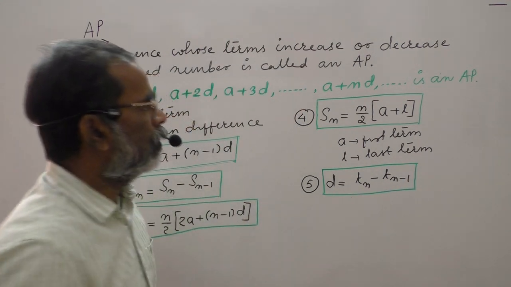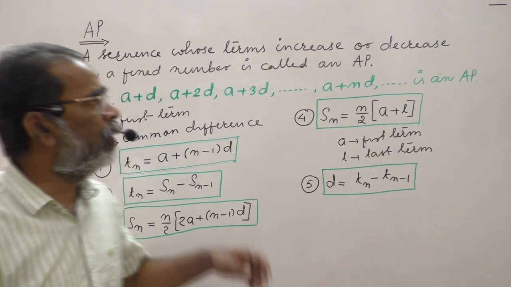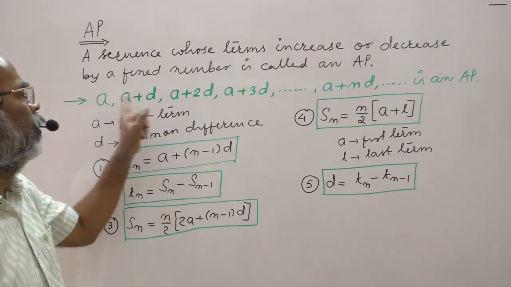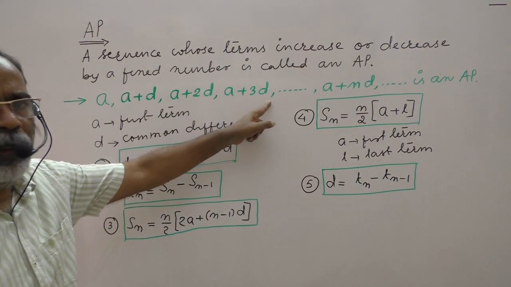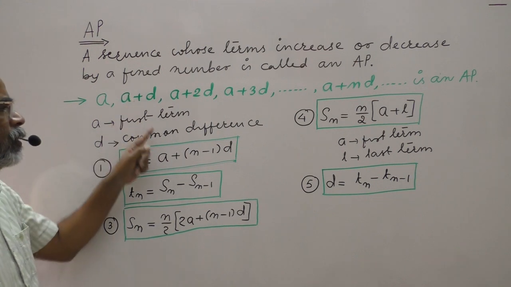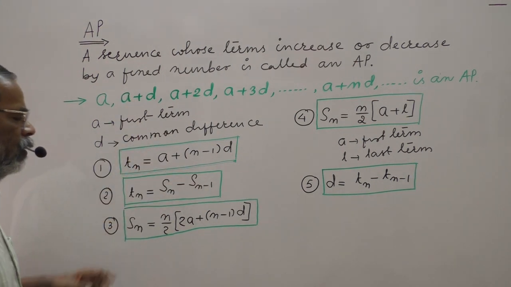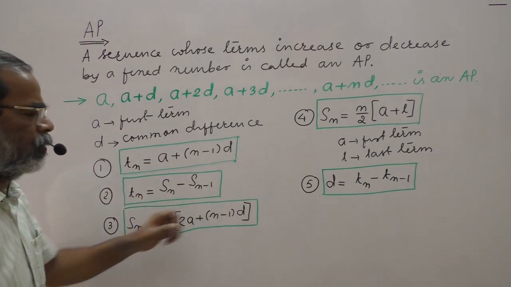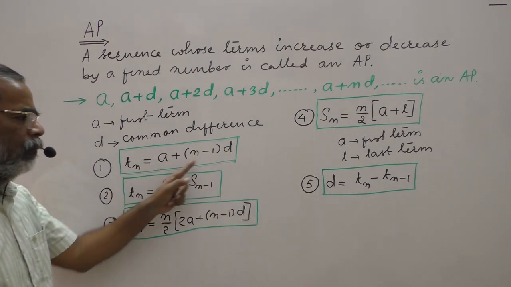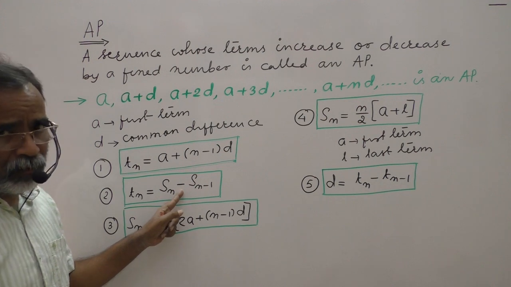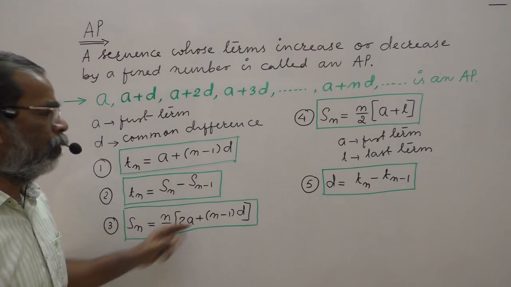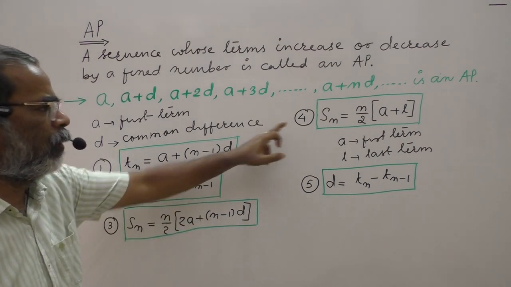Yes, this is the AP definition. General form of an AP is this. A is the first term, and D is always the constant difference. These are some concepts. How to find the nth term? This is the nth term, this is also the nth term. Sum of n terms, this is the sum of n terms.